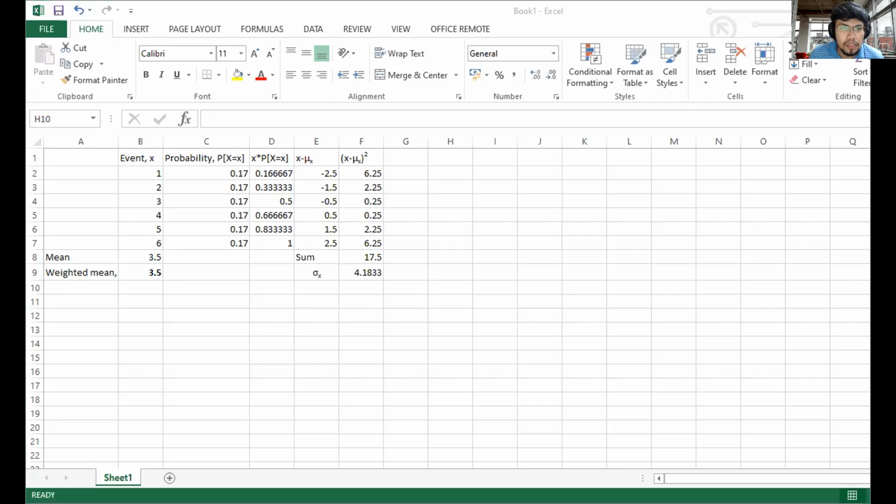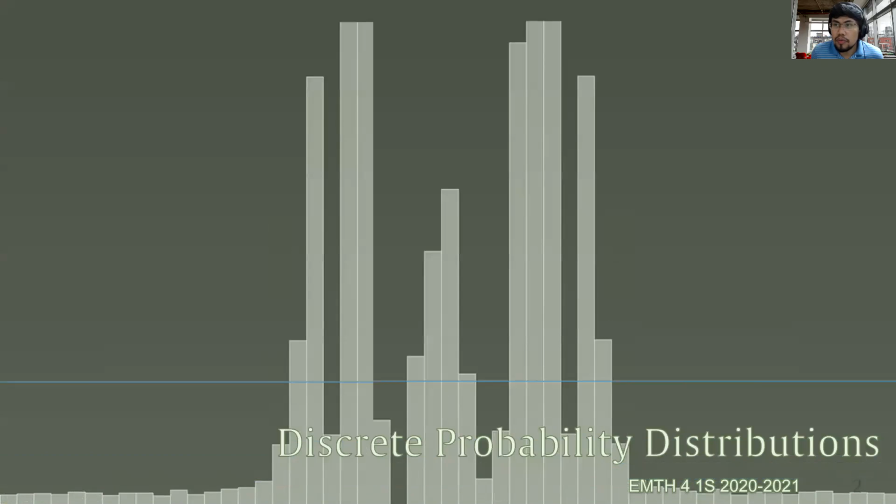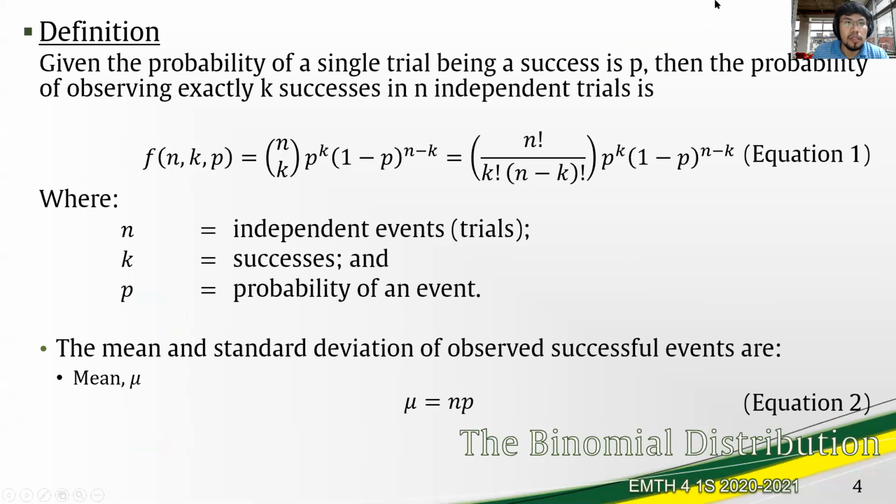Now let us proceed with the discussion. I'm going to the sharing of the PowerPoint slide. First to discrete probability distributions, and now we go to the discussion of binomial distributions.